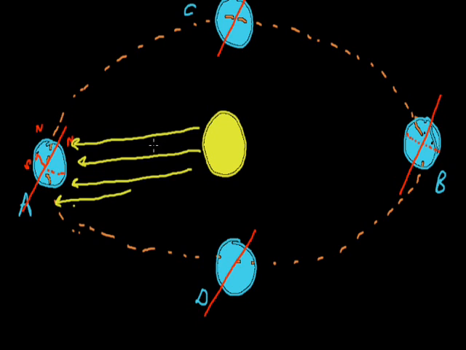That's why in this condition, most of the rays from the sun hit the northern hemisphere in a straight way, so the northern hemisphere is getting more heat and light from the sun.